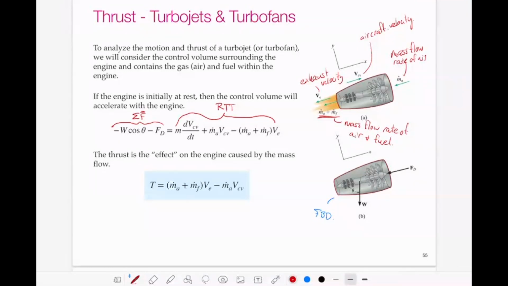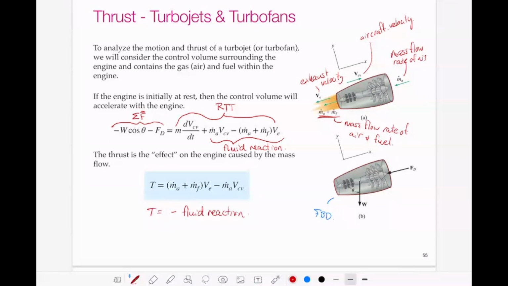So therefore, the thrust effect on the engine is caused by the mass flow rate. These last terms here would be our fluid reaction. And the thrust is equal to the negative, or the opposite, of our fluid reaction.